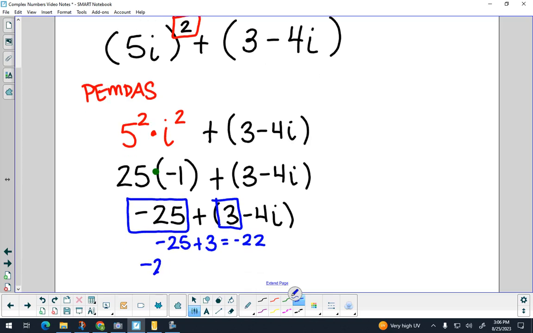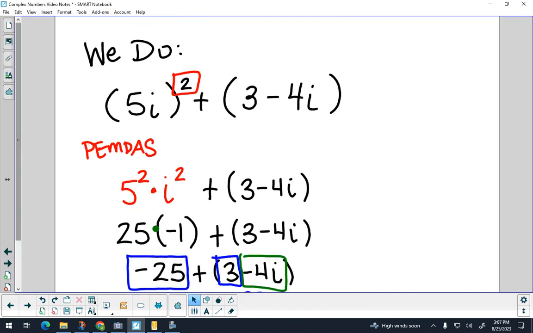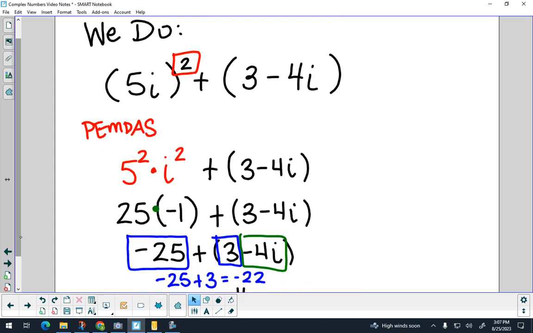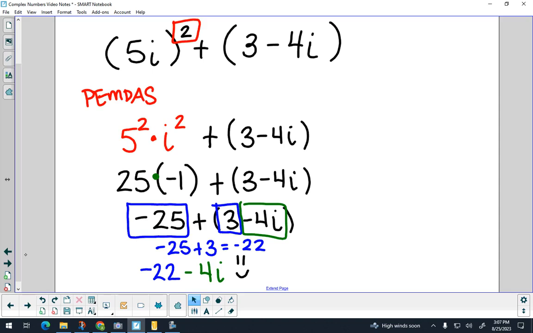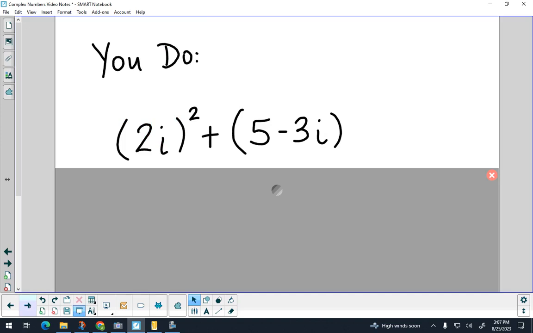And so I have -22 minus 4i. And that will be my final answer. So again, it's just reminding yourself that the 2 at the beginning is on both the 5 and the i, okay? It's on both of them. So go ahead and pause the video. Process it, because guess what? You do this one. Okay, so pause the video and try it.